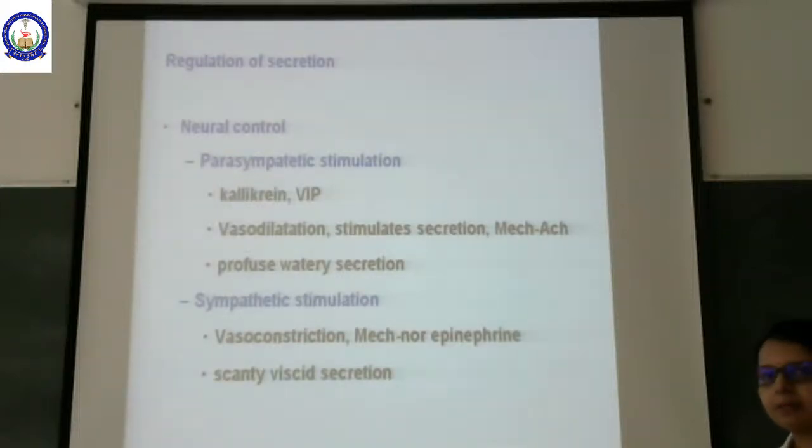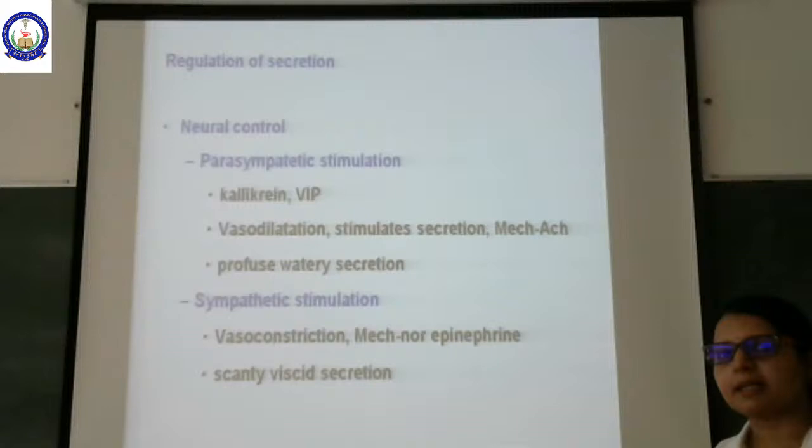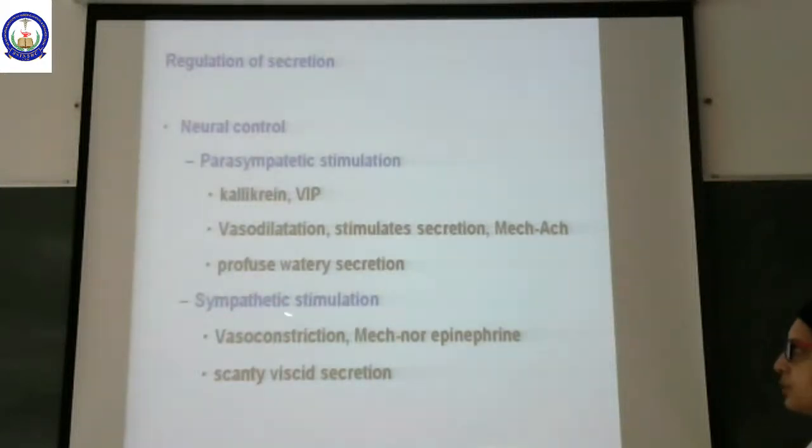Whenever anything is secreted in large quantity, it is watery. The stimulus for this is calcium and vasoactive intestinal peptide. They cause stimulation of the parasympathetic nervous system, with vasodilatation, and it stimulates the secretion. The neurotransmitter, as I have mentioned already, is acetylcholine.